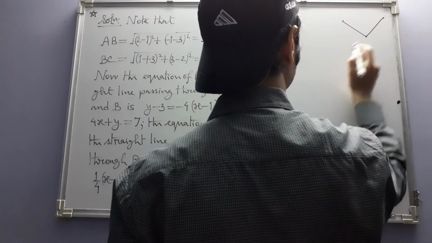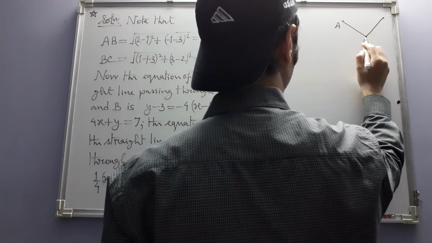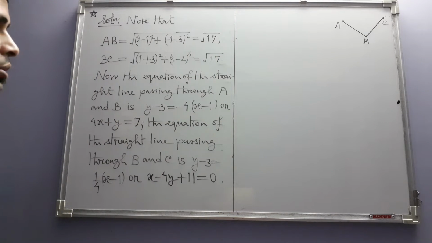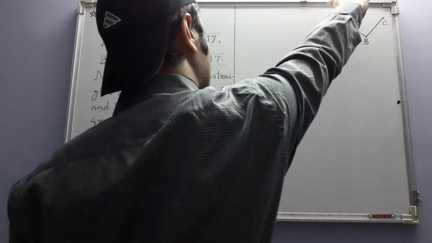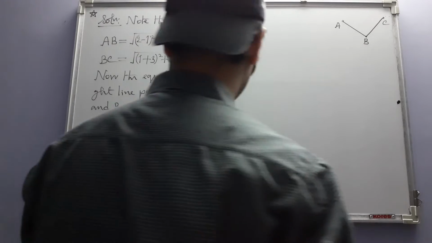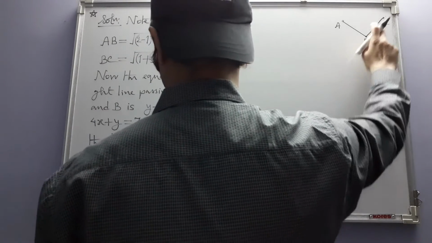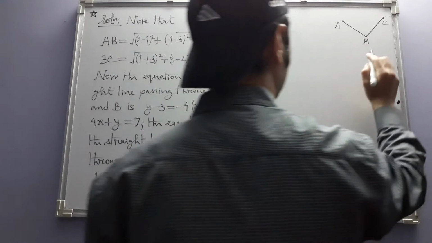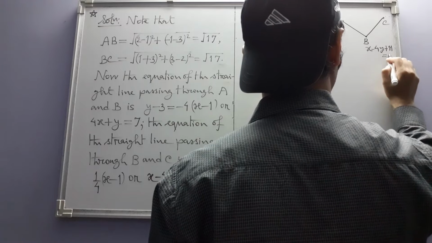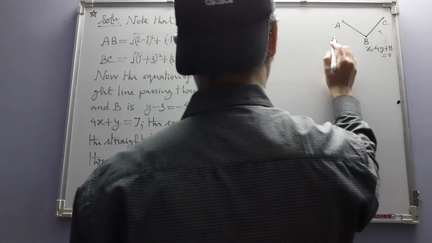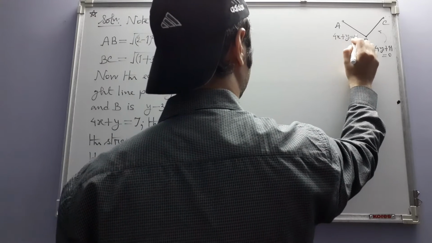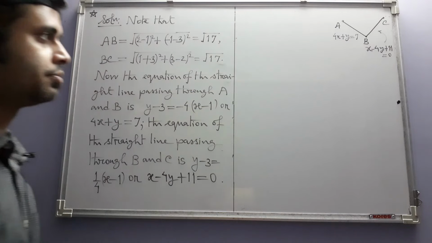Somewhat like this: A, B, C. So that means we have to find that point which will complete this square. We have got the equation of this line BC, which is x minus 4y plus 11 equal to 0, and the equation of this line also, 4x plus y equal to 7.